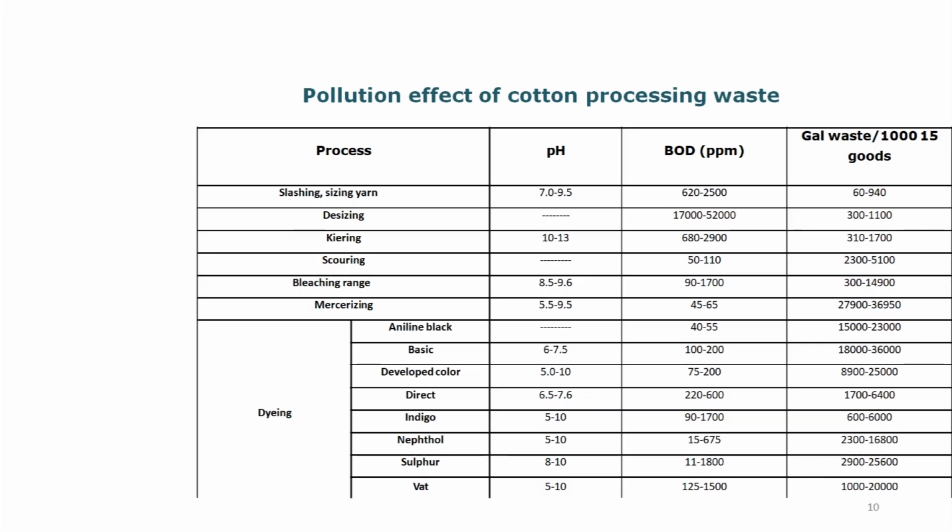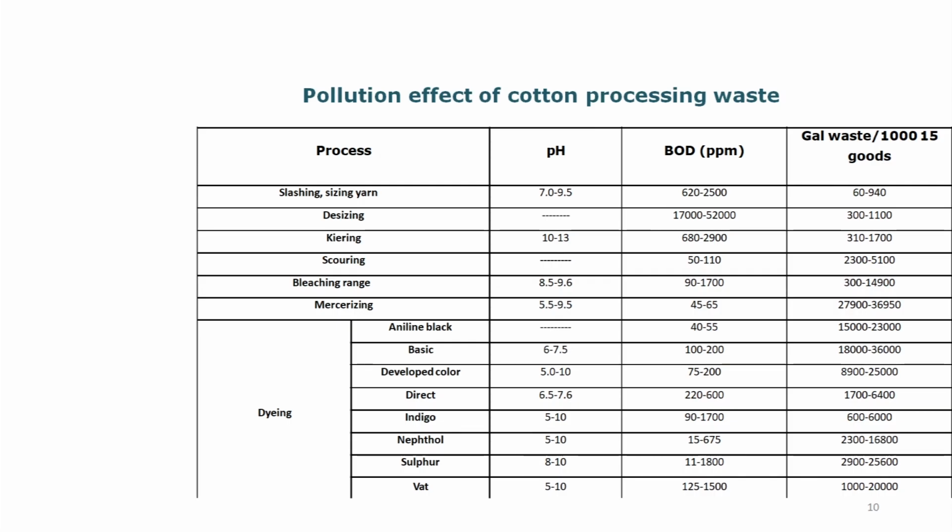It goes to 17,000 to 52,000, and slowly the waste is also increasing. It is rising from 940 to 1100. Then by curing, by scouring, by bleaching, it continuously enhances the waste that is generated, and all this is adding up. If we are doing a dyeing process, by just using aniline black, the waste that is generated is of the order of 15,000 to 23,000.